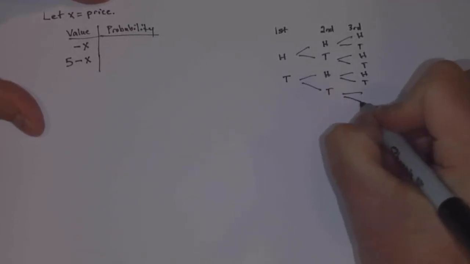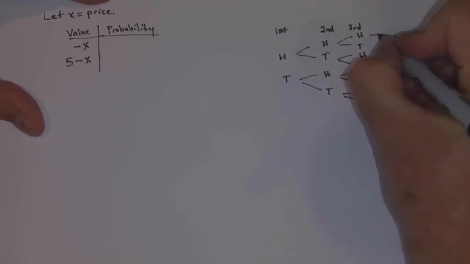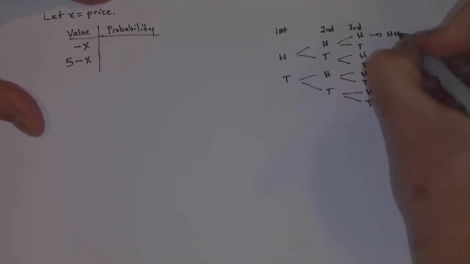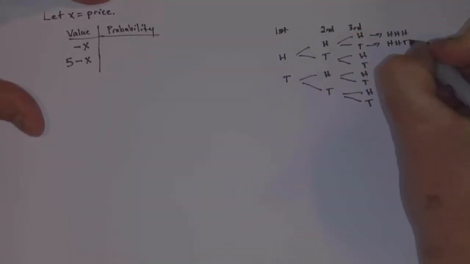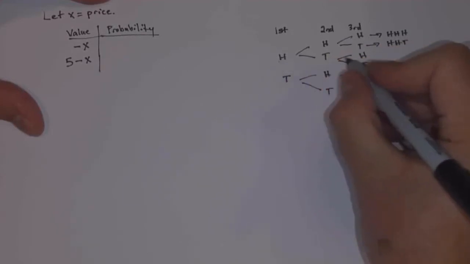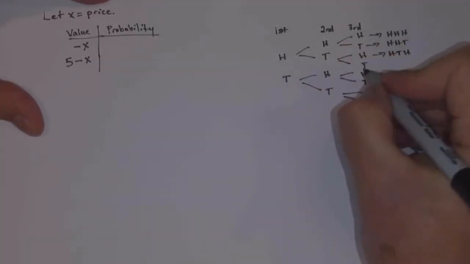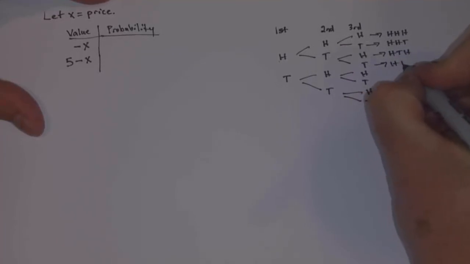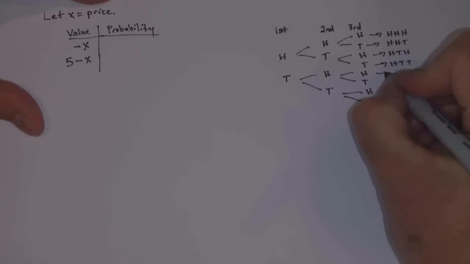We've done this several times now throughout this course. So our total outcomes are that we could get heads, heads, heads. We could get heads, heads, tails. We could get heads, tails, heads. We could get heads, tails, tails. We could get tails, heads, heads.